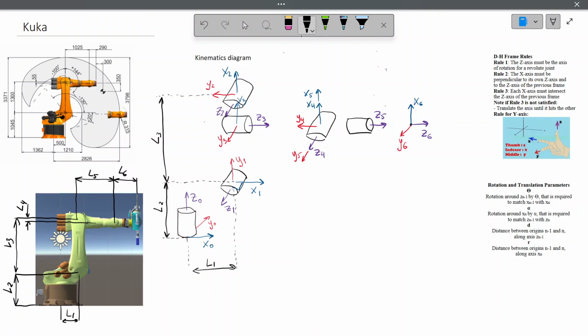So here we can also see that it's pretty small, but we also need to take it into consideration. So the distance between this origin and this. Here we have L4. Next we have L5.